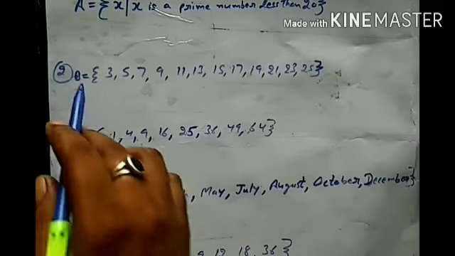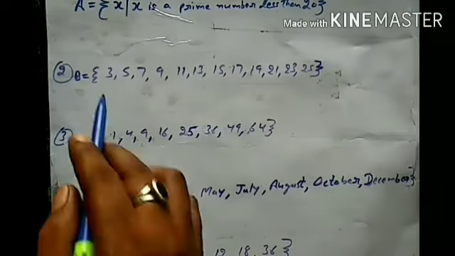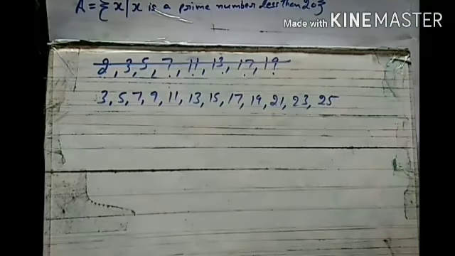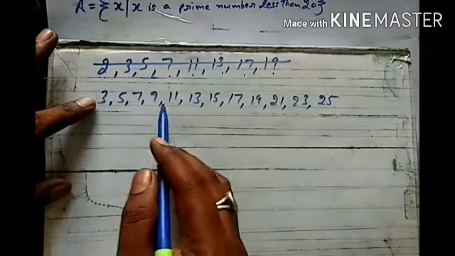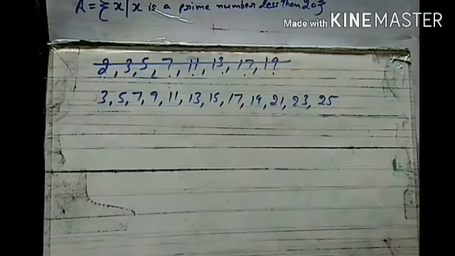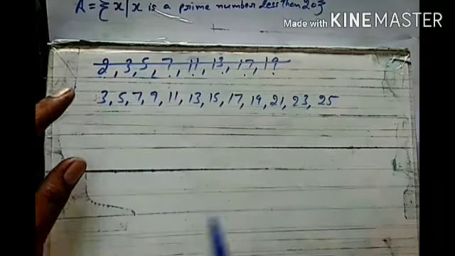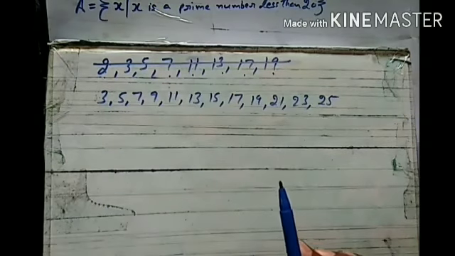Now you will see the second question. There is a set B and the elements are given there. I have written these elements for rough work and I will observe their common property. Here 3, 5, 7, 9, all these numbers are there. These numbers are not starting from 2. You will see very carefully that there is no even number, no multiple of 2. So what can I say?